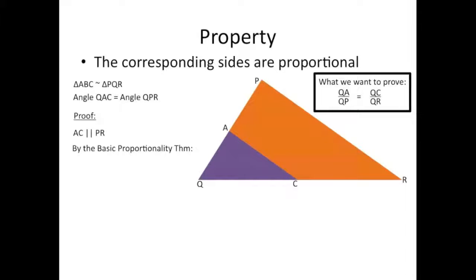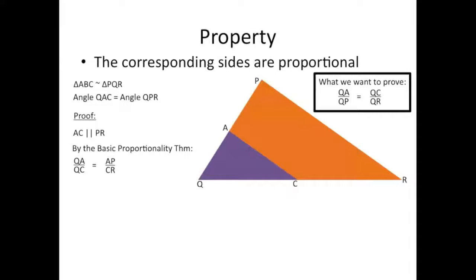And because of this, by the basic proportionality theorem, we can say that QA over QC is equal to AP over CR.